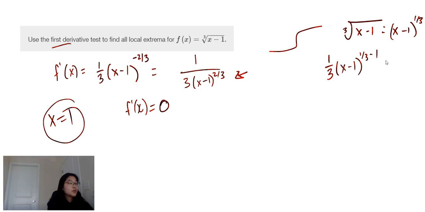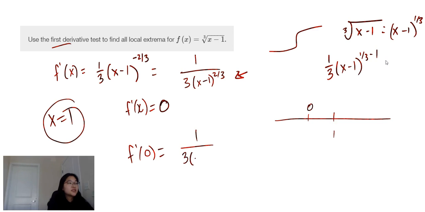I don't know. Well, what if we plug in a number? Let's say a number less than 1. I think 0 is a nice number less than 1. So f prime at 0, what do we get? We get 1/3 times (0 minus 1) to the 2/3 power.